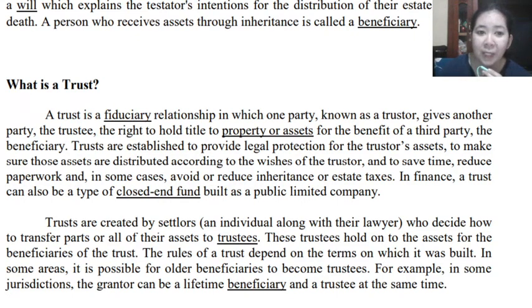For example, in some jurisdictions, the grantor can be a lifetime beneficiary and a trustee at the same time. Again, it depends on who the trustor gives the trust unto. It may be a financial institution or someone older than the beneficiary who can take care of the possession as well as the beneficiary.